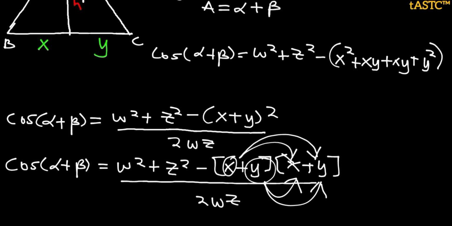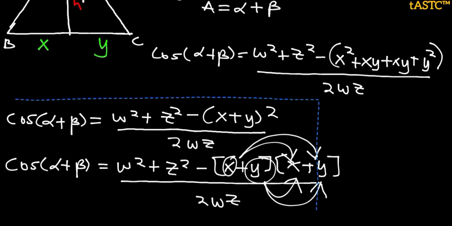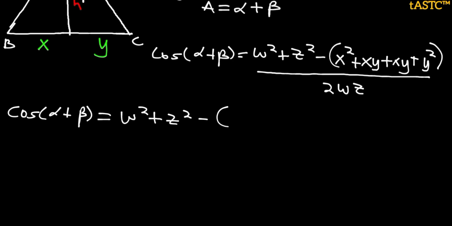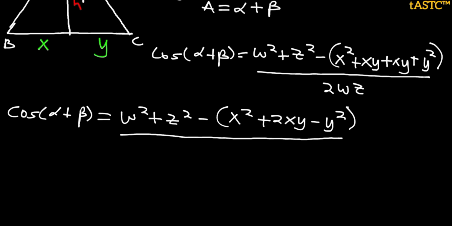This is all divided by 2wz. So here now we got cos alpha plus beta equal to w squared plus z squared minus x squared plus 2xy plus y squared, all divided by 2wz.